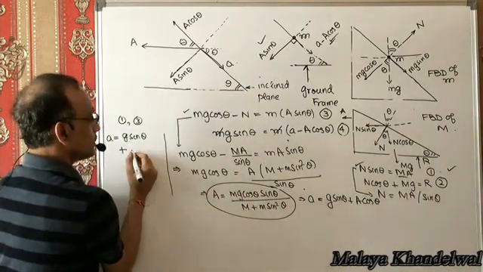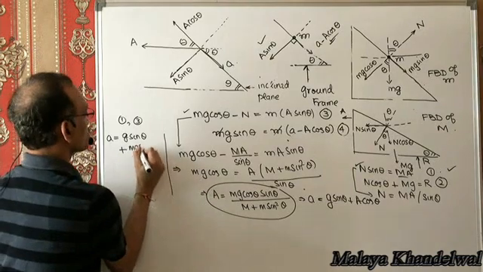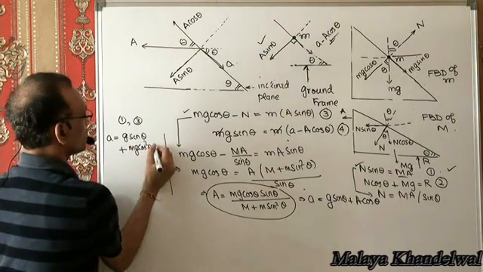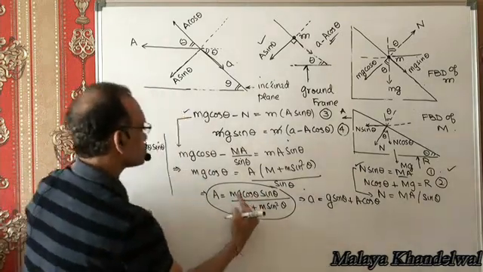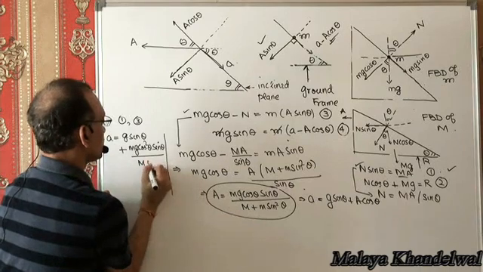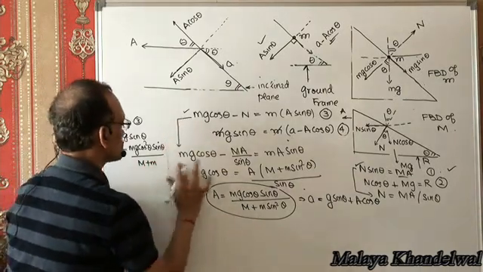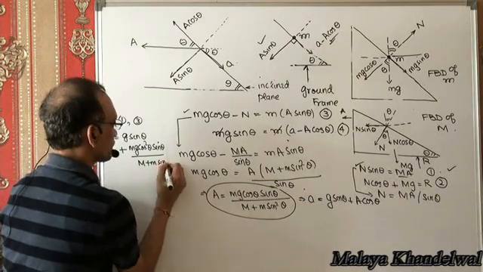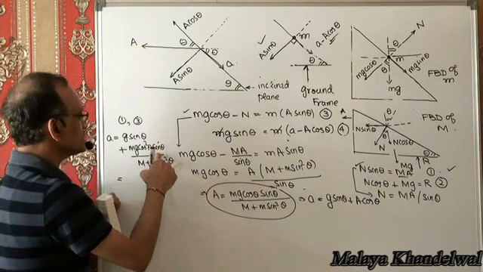That means mg cos square theta sin theta divided by capital M plus small m sin square theta. See what happens. From these two, I'm going to take g sin theta common.